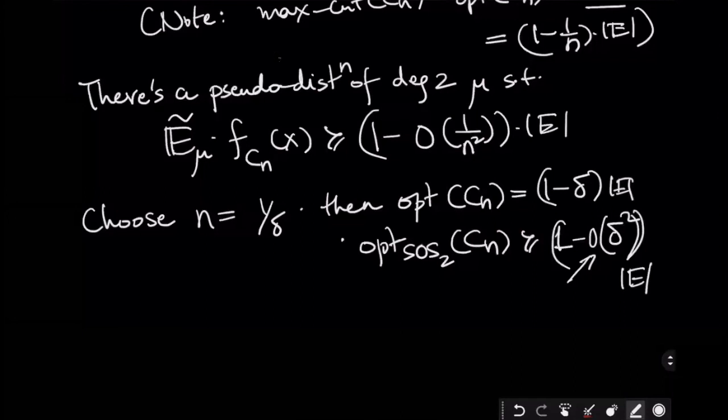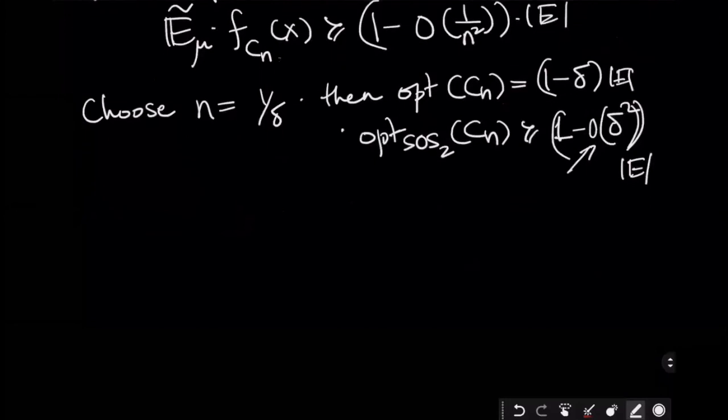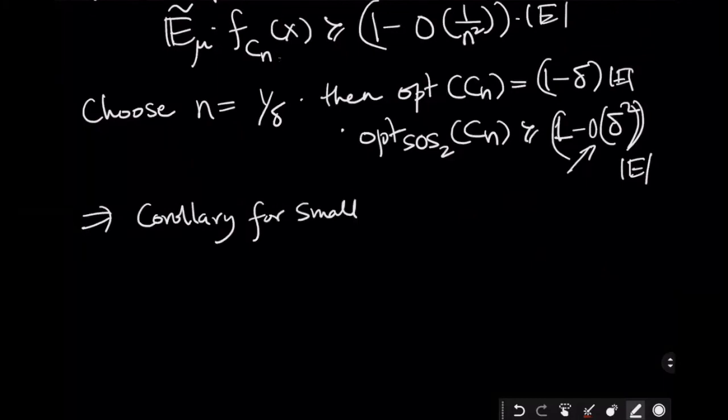Again, feel free to ask questions, but basically this theorem says that this small delta version of the corollary that we stated is tight up to constant factors.